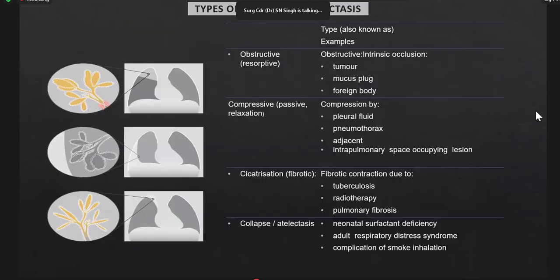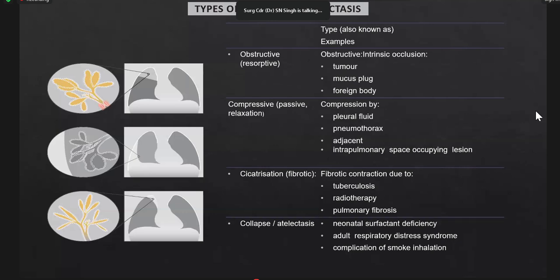Again, the type of collapse you must know. Obstructive: there's some lesion in the airway, intraluminal or in the wall, which obstructs the air intake, and the whole thing is resorptive. Then compressive: some lymph node or mass compressing onto the airway from the medial side, or on the periphery, pleural effusion, pneumothorax, adjacent intrapulmonary space occupying lesion.